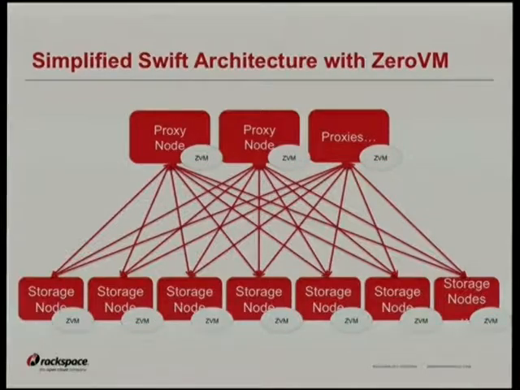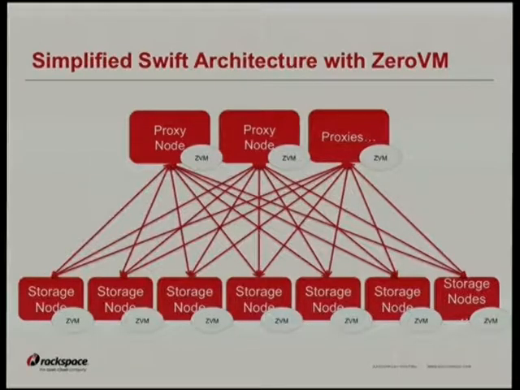By embedding ZeroVM into a Swift cluster, we essentially put a ZeroVM instance, a little execution environment and some messaging onto the entire cluster, and it gets us to a state where, by using the proxies as sort of gateways and gatekeepers, and let's call them schedulers, we can essentially instantiate a ZeroVM instance anywhere our data is.